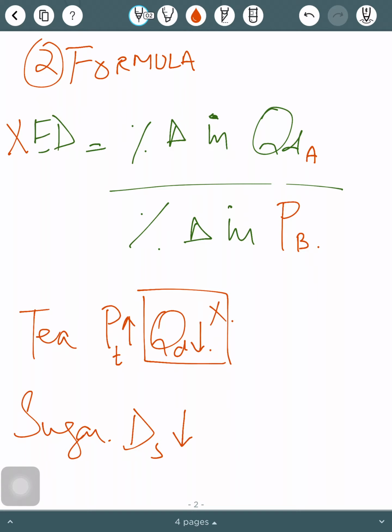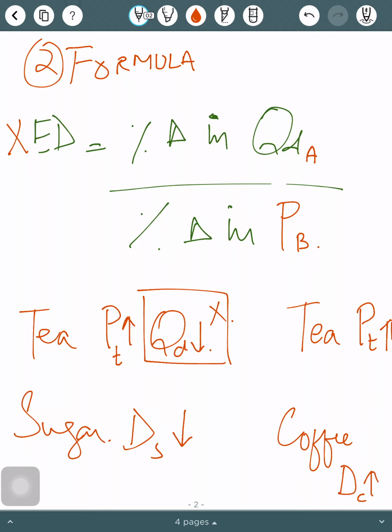Similarly, we have got another set of products. Let's say tea and coffee. So how would this play out if the price for tea rises? If the price for tea rises, the demand for coffee will rise. Why?